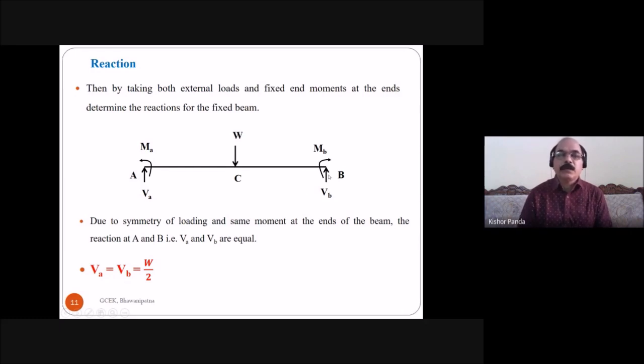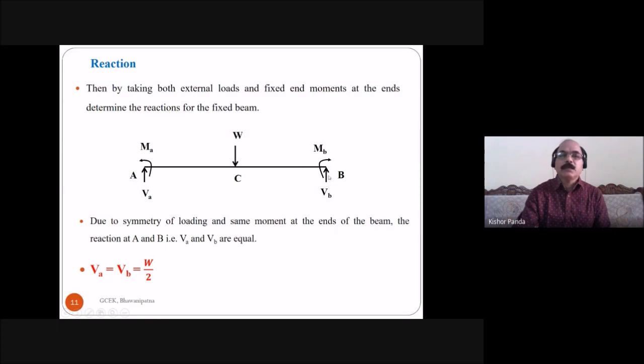Alternatively, you can take the right side upward force as positive. Either one you can choose. Here we will consider the right side upward forces as negative and the right side downward forces as positive. Because if this is the section, just right of the section, upward forces are negative and downward forces are positive.